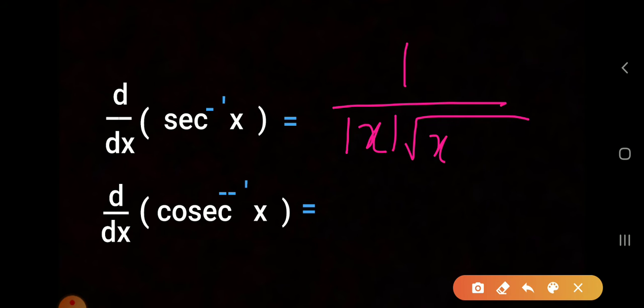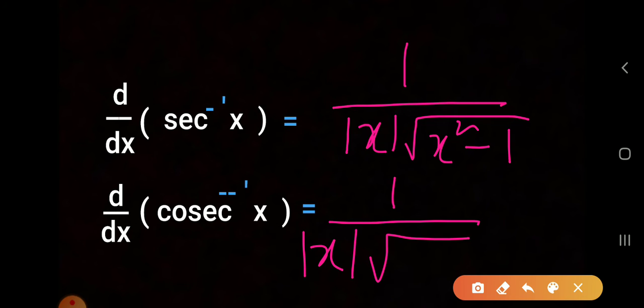And the next one, the derivative of secant inverse x. The derivative of secant inverse x again has 1 in the numerator, and next mod x into root of x square minus 1. Similarly we can write the same formula for the other, but with small changes.